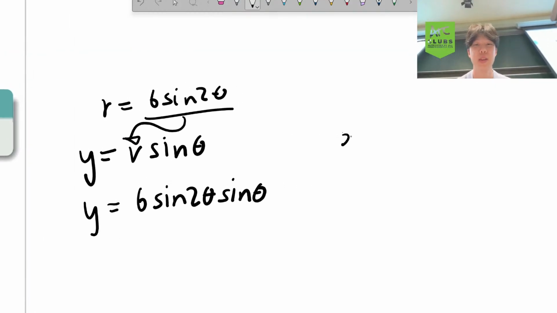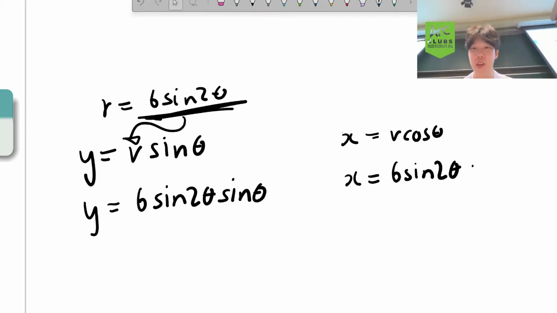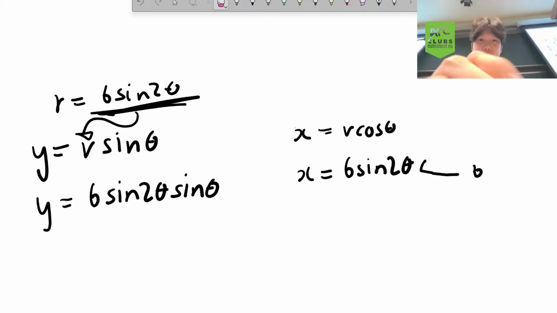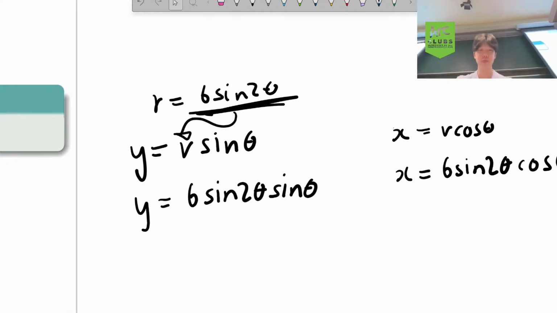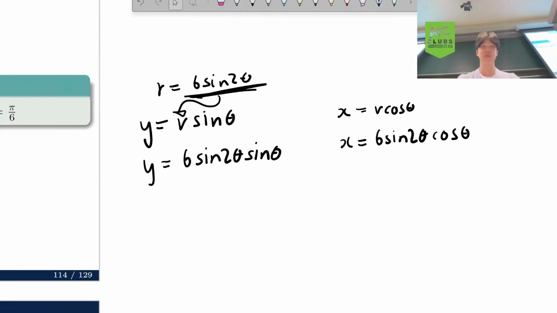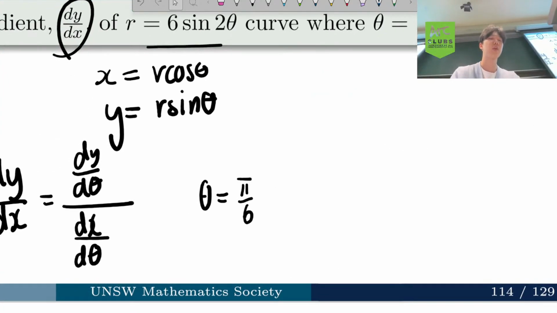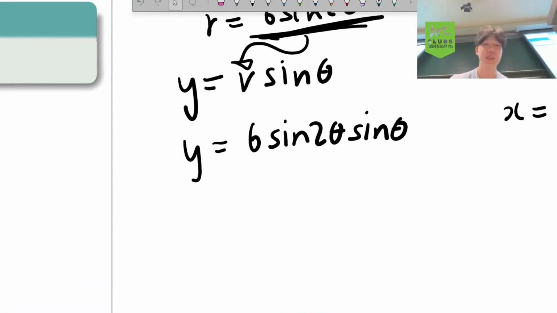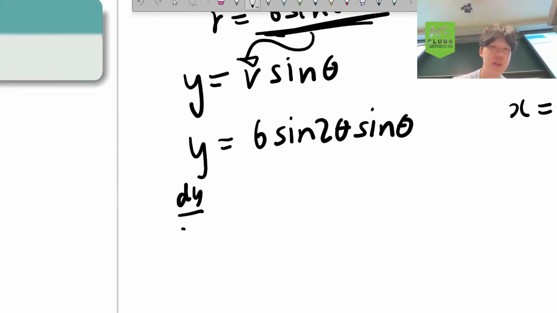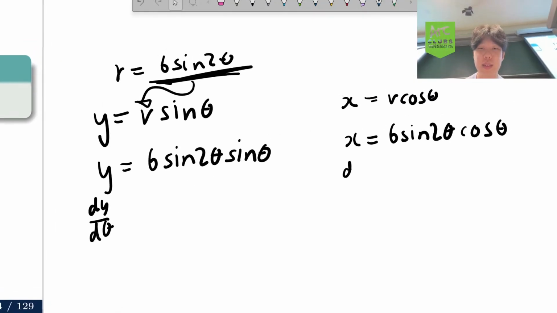Using a similar method for x, which is r cos θ, we get x = 6 sin 2θ, which came from here, times cos θ. Now we have x and y in terms of θ. We know our formula requires dy/dθ and dx/dθ. So we have to find dy/dθ and dx/dθ.